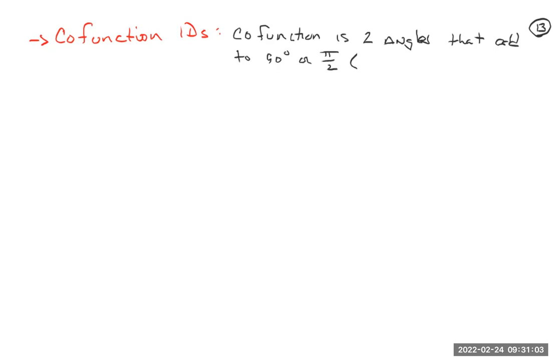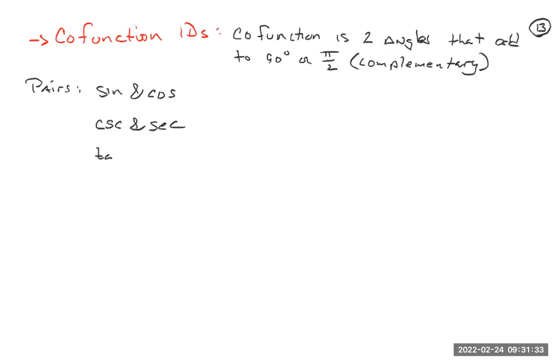That is, they are complementary angles. Remember that from 8th grade? So the pairs that co-function are sine and cosine, their reciprocals, cosecant and secant, and the two outsiders, tangent and cotangent.